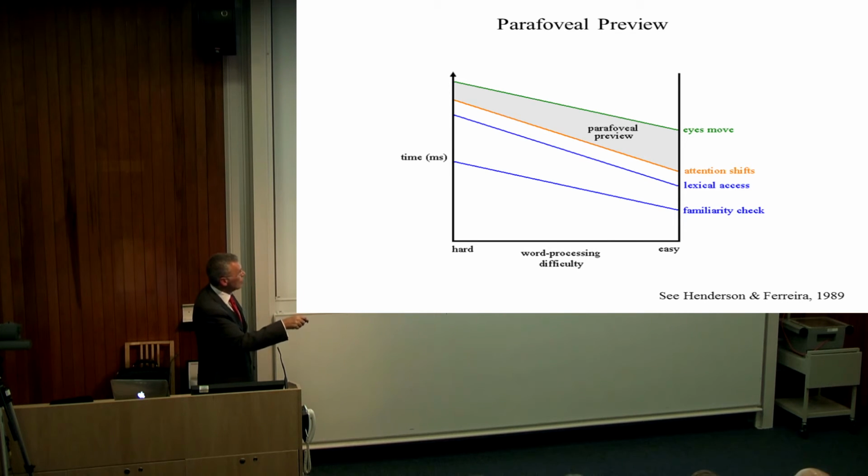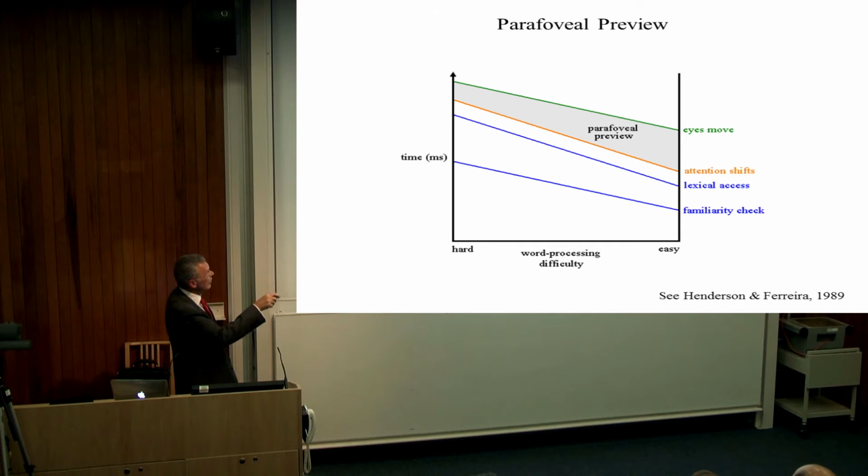This shows the time to complete lexical access, and the orange line shows the time it takes for attention to shift from the word that's just been identified, represented by this blue line, to the next word. You can see that the orange line occurs earlier in time than the green line, which represents the amount of time it takes for the eyes to actually move to the next word.